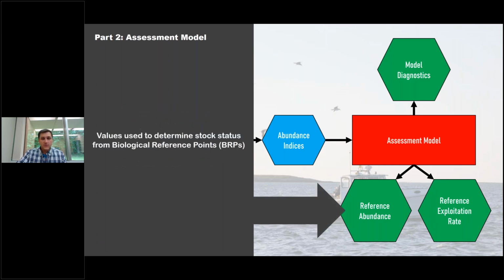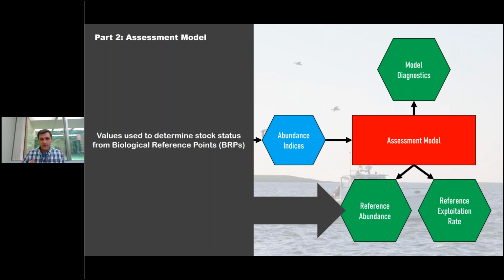And apart from these diagnostics, we also wanted to look at reference abundance and reference exploitation rate, because these values are directly used to calculate stock status for the fishery. So by using the same criteria to calculate biological reference points for each of these, and then seeing how the total number of individuals or fishing pressure changes year to year in relation to this stock, we can see how stock status changes over time.